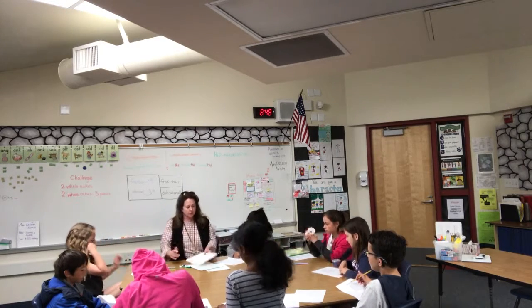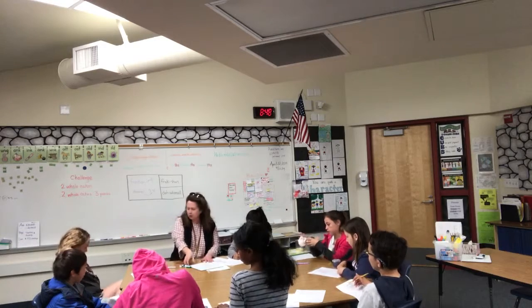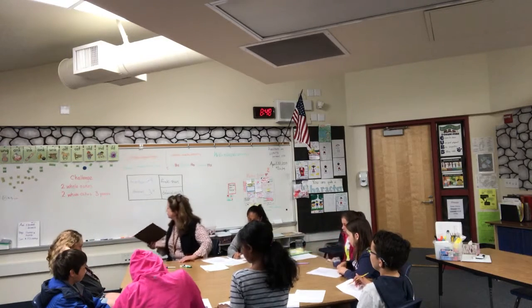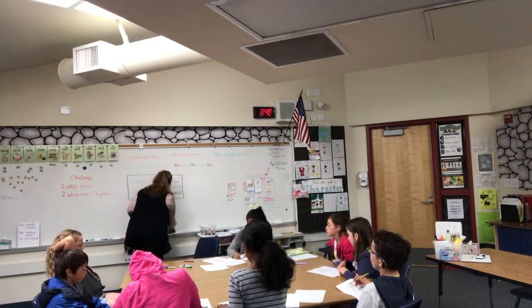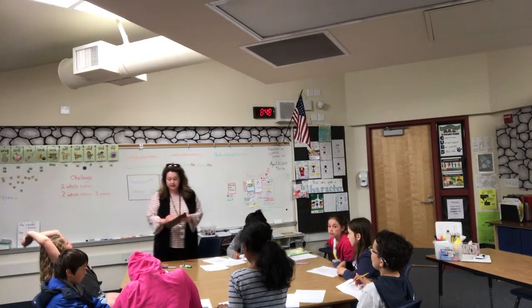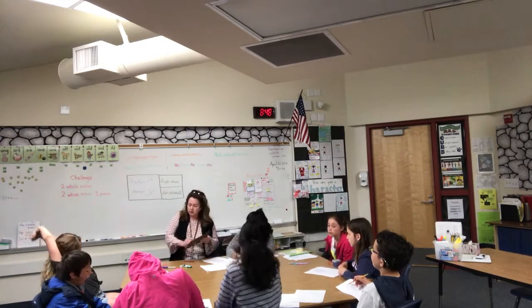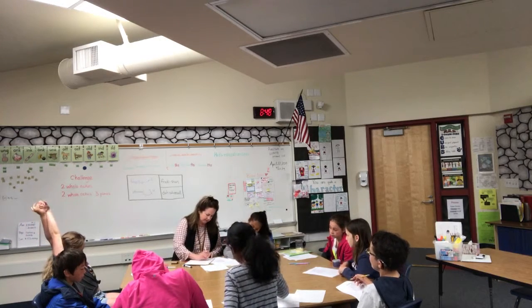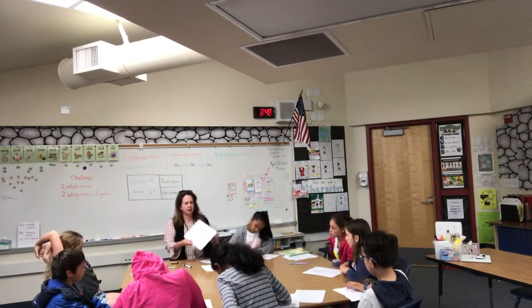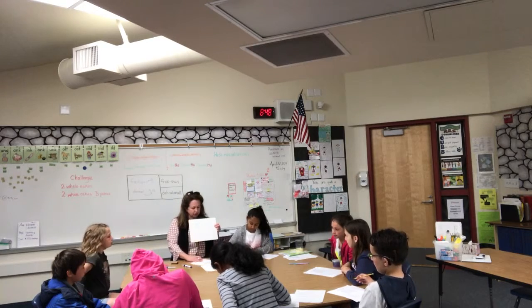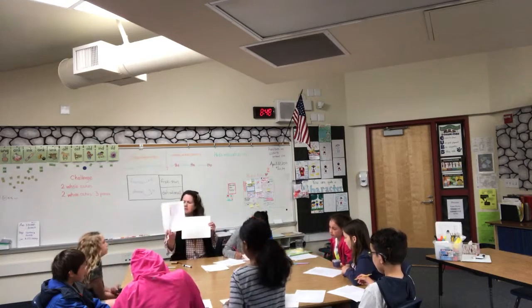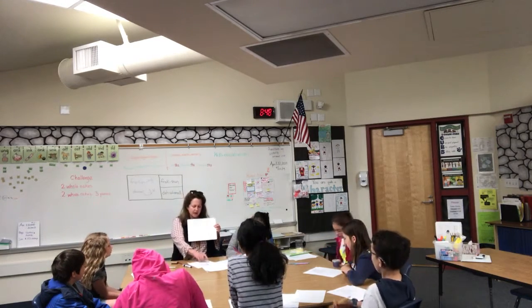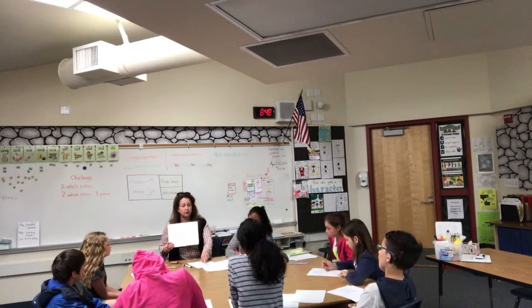All right, so what would be the fraction story? What did we just do? We colored one out of, what is it, Ava? So what would that fraction look like? 1/10. You agree? That's the fraction story. Underneath fraction, this very first line, I want you to write the fraction story for what you just did.